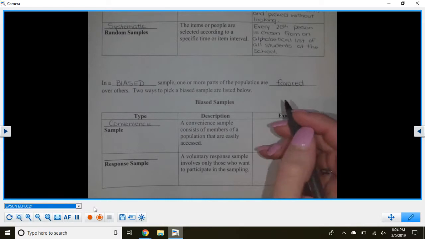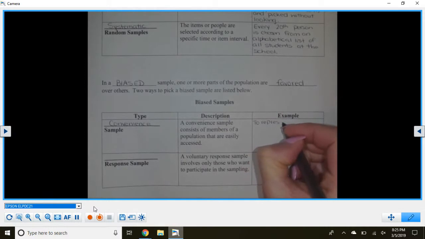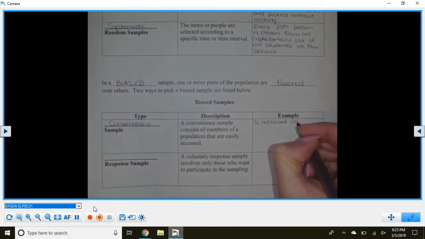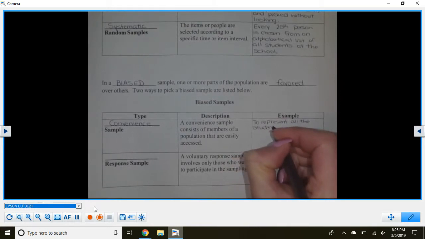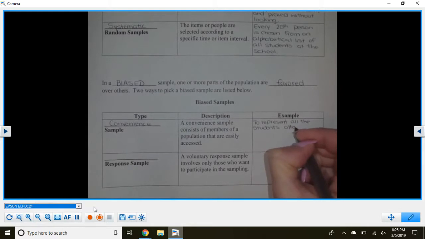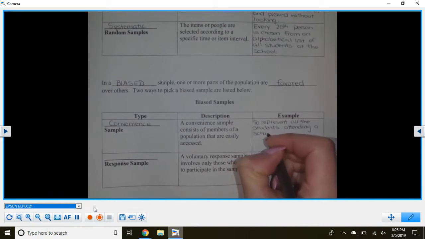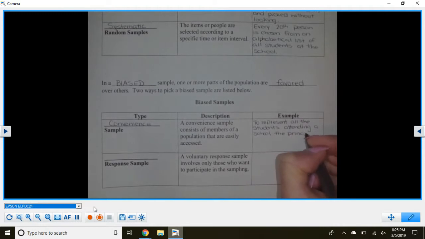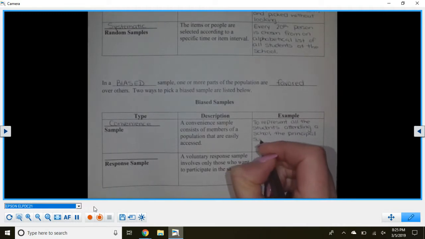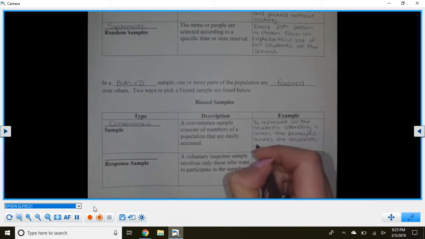For example, to represent all the students attending a school, the principal surveys the students in one math class.